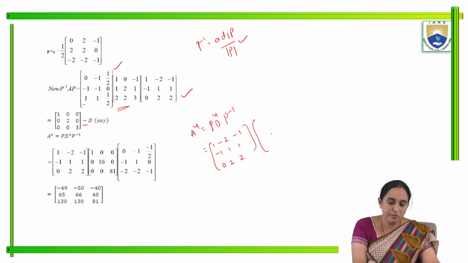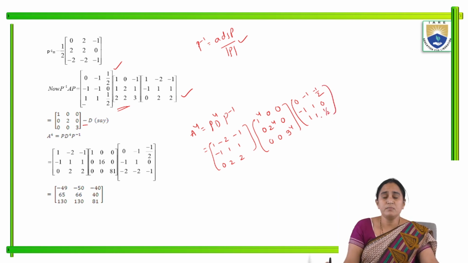And D power 4 is the diagonal matrix with 1 power 4, 2 power 4, 3 power 4, into P inverse: 0, -1, 1 by 2, -1, 1, 0, 1, 1, 1 by 2.